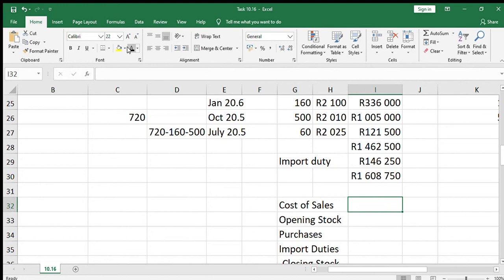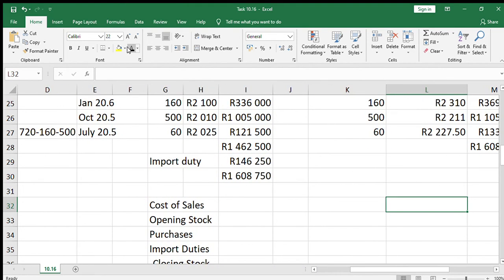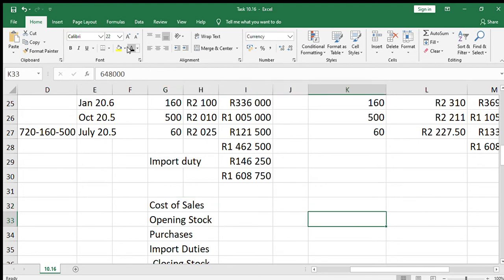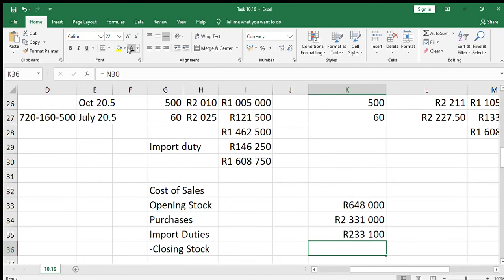Cost of sales, we're going to start with opening stock. The opening stock of the golf clubs, 648,000. The purchases given during the schedule, 2,331,000. The import duties is 10% of the purchases.